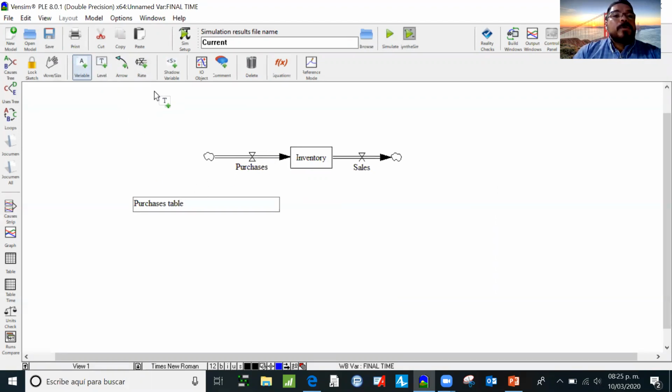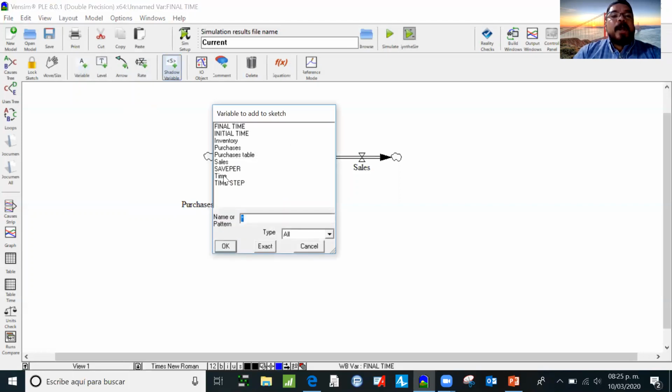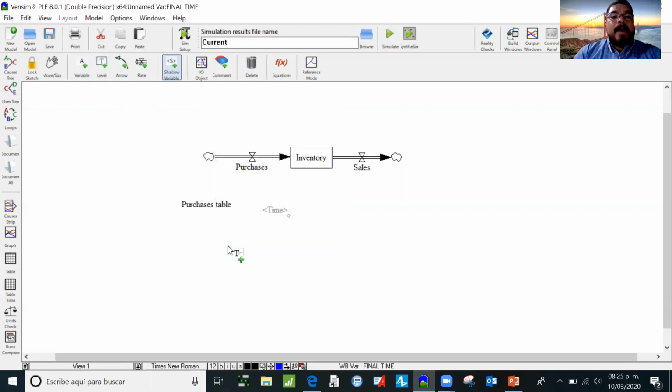And I'm going to use a shadow variable, and this shadow variable will represent the time, because according to the time, we are going to buy more product from our provider or not. In this case, every 5 weeks, we are going to buy product.